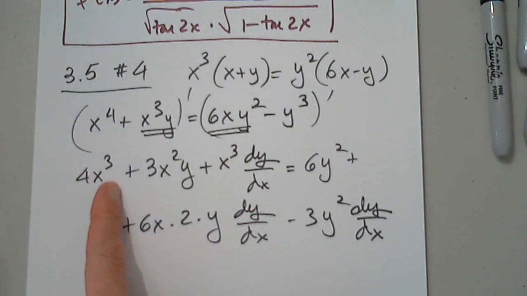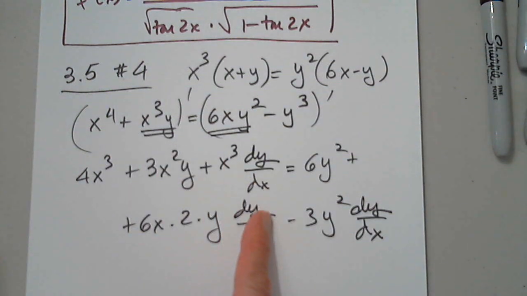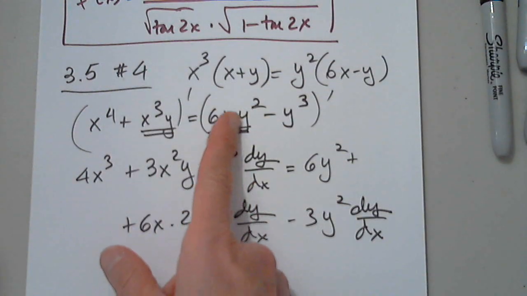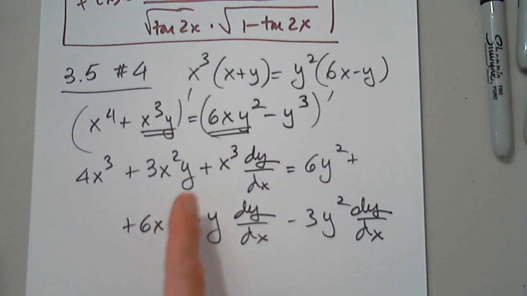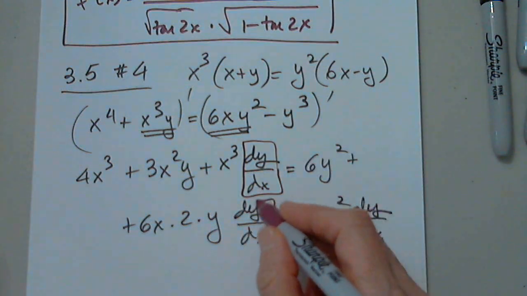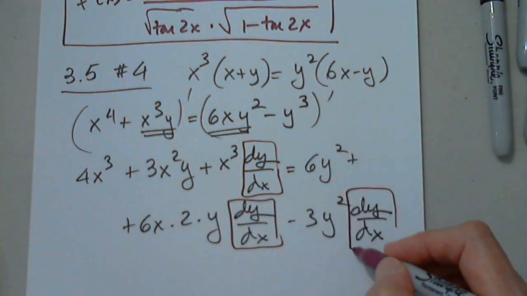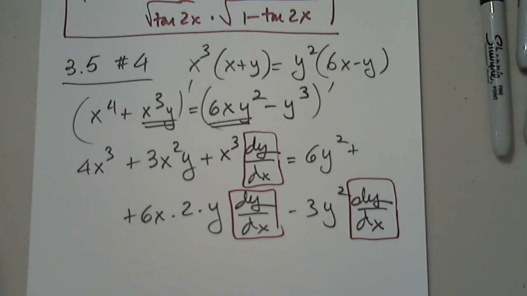So 4x to the third, 3x squared y plus x cubed dy over dx. First function prime is 6y squared plus 6x times 2 times y times dy over dx minus 3y squared dy over dx. Now, we have the variable in 3 different terms. They all have to be on one side.